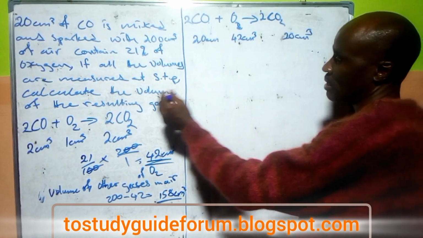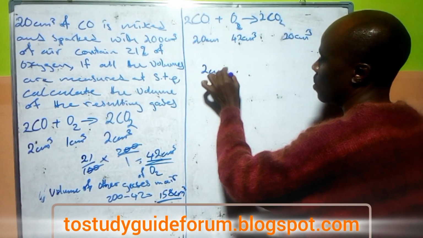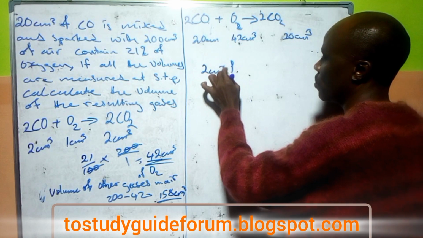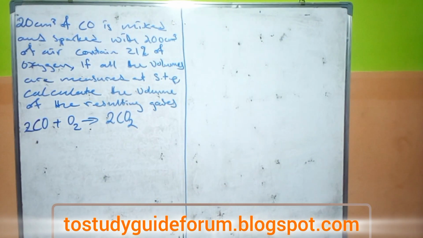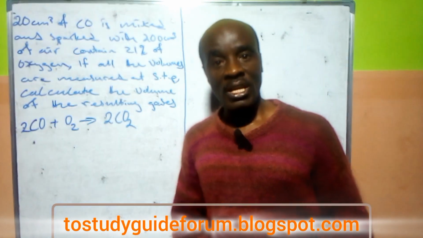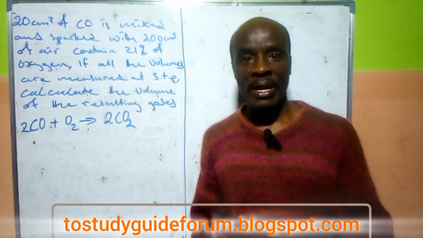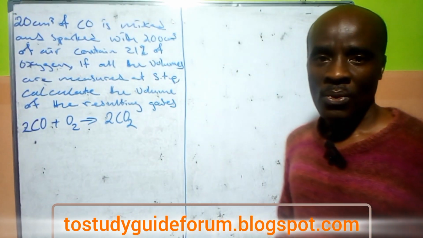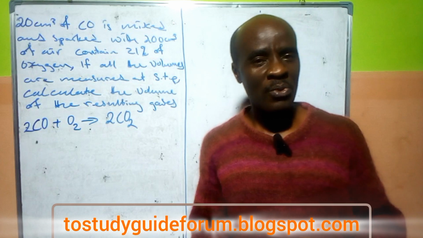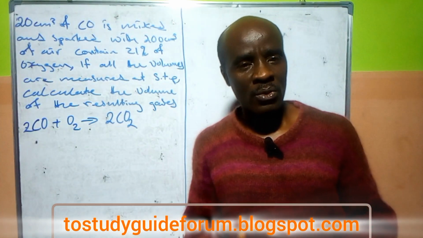Then we have, from our balanced chemical equation, that 2 cm cube of carbon. According to Gay-Lussac, gases, when they combine, combine in a volume that is in simple ratio with one another and with their products.